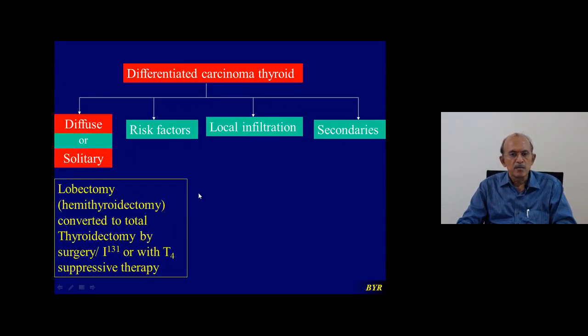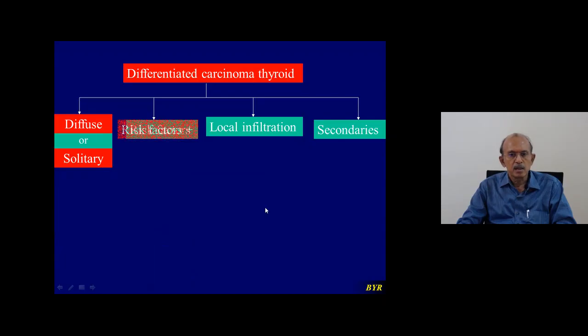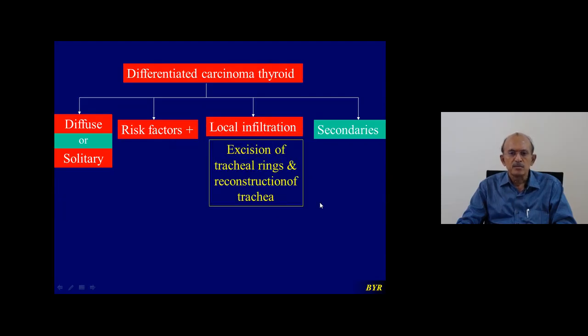Solitary, do lobectomy. Convert it to total thyroidectomy by surgery or by I-131 radiation or by T4 suppressive therapy. Risk factor presence, total thyroidectomy. Local infiltration, excision of tracheal rings and reconstruction of trachea.